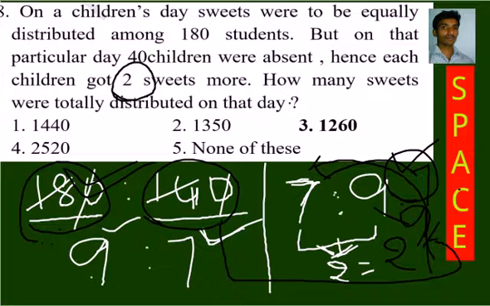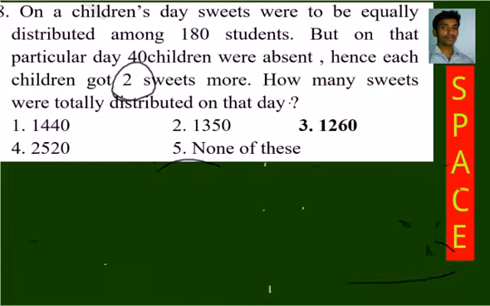So to calculate the total number of sweets, each one has got 7 sweets and there are 180 members, so 180 into 7 should be done. The total number of sweets distributed does not change, either in the first case or the second case. The number of sweets distributed to each one only changes.